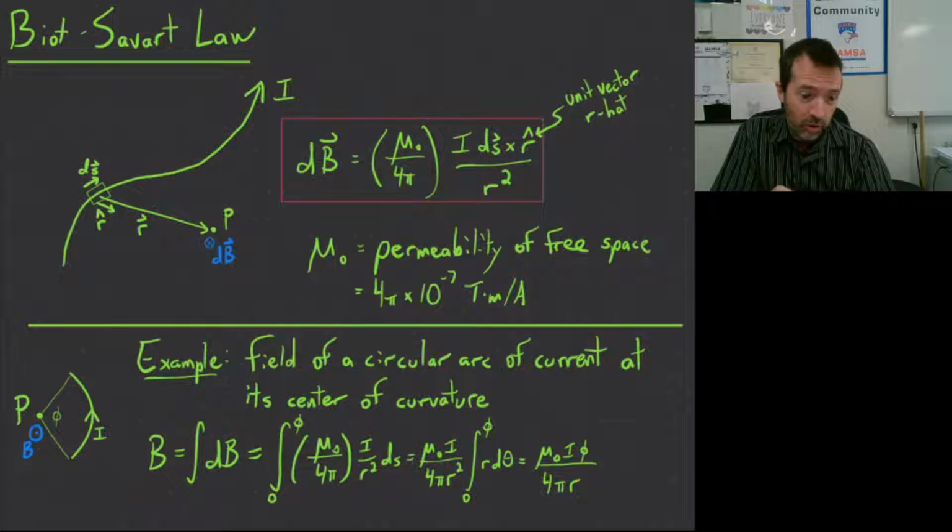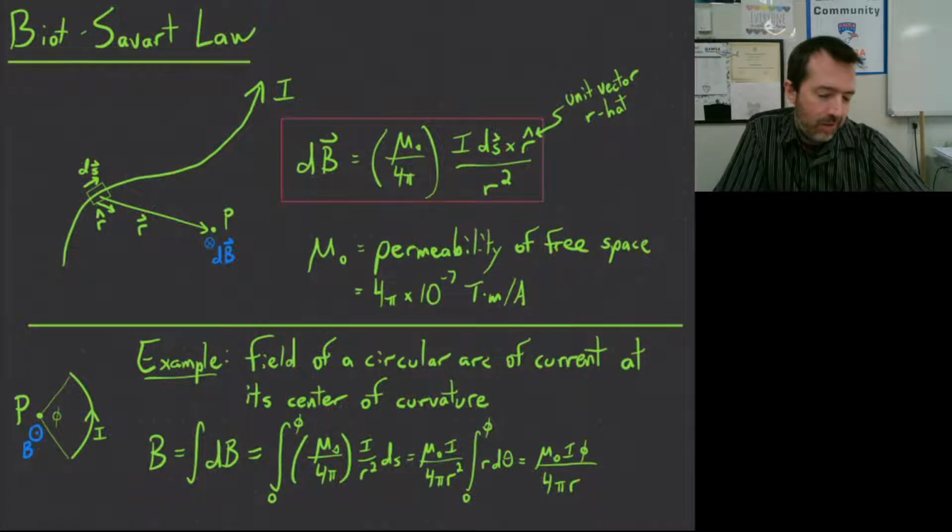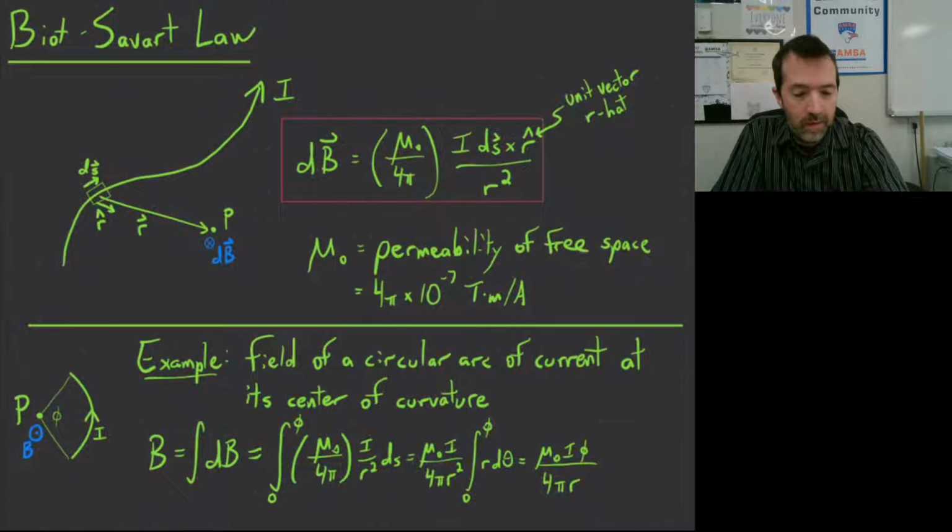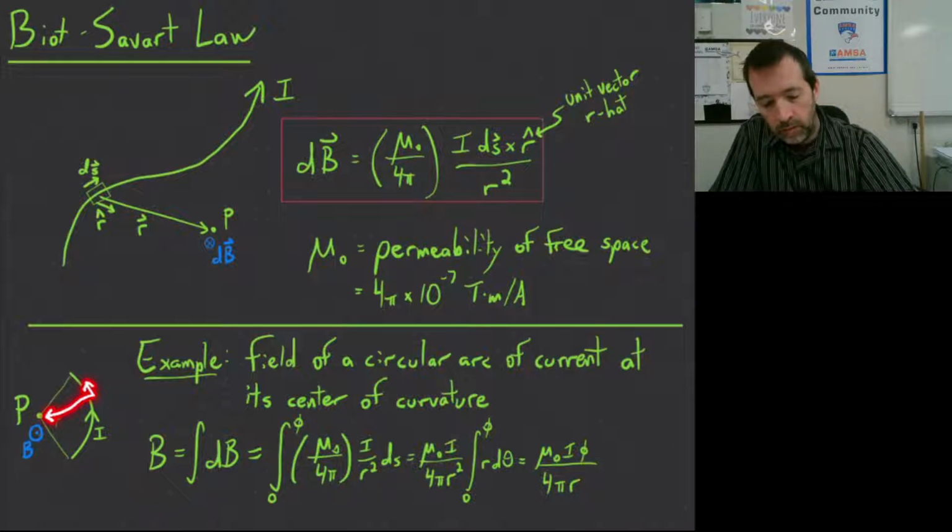Because it's a circular arc, the R vector that goes from each individual piece of the current ds to my point P is always perpendicular to the ds. Like if you imagine this little piece of the path ds, the R vector has to point towards the center of the arc. Because it's a circle, those are going to be perpendicular to each other. So basically the cross product becomes trivial. So that's why I didn't bother with it.